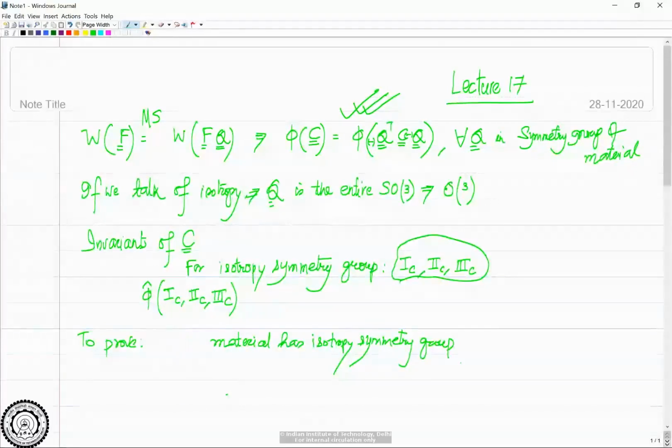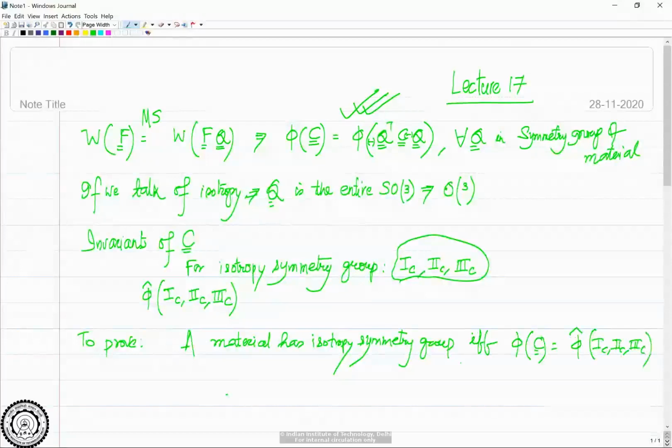So it says a material has isotropy symmetry group if and only if phi of C is equal to some function phi hat of I C, II C, III C.